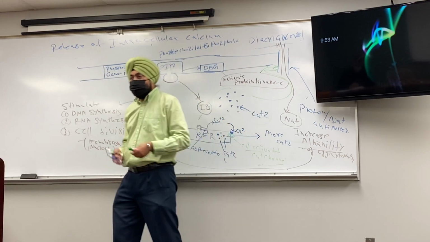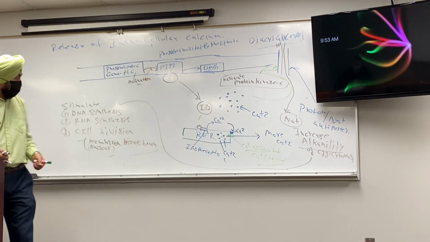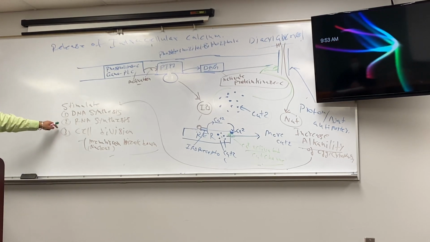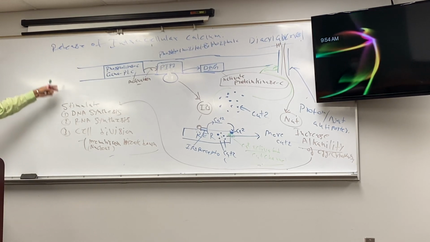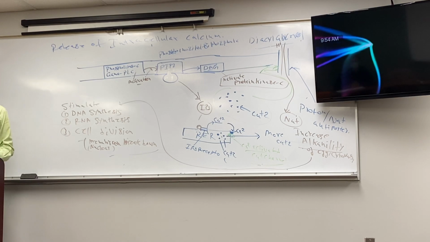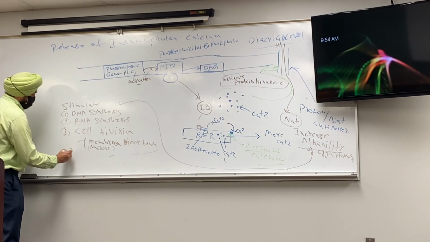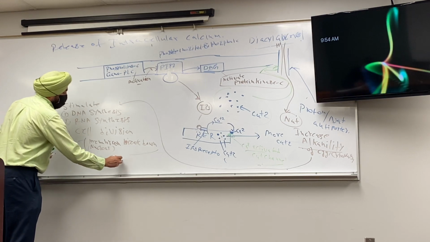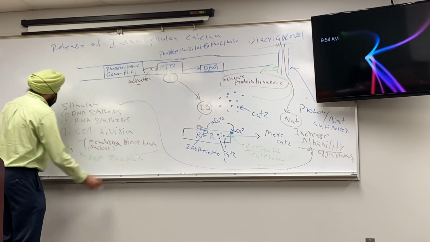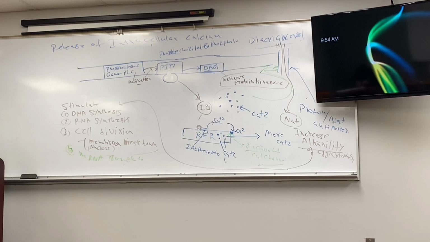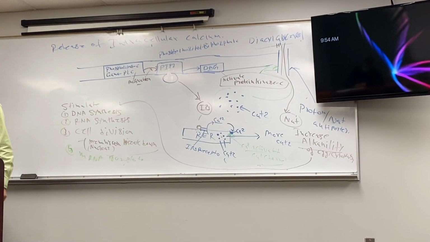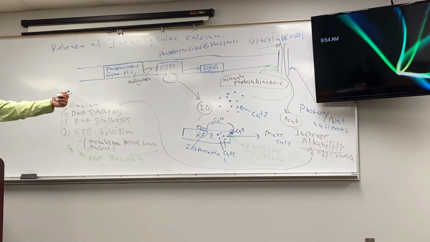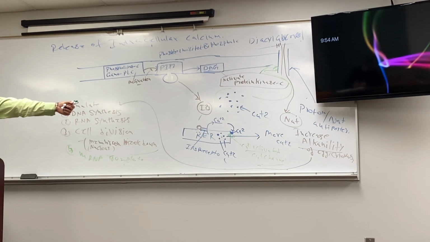So that increase in alkalinity of the cytosol immediately stimulates DNA synthesis, RNA synthesis, and not only that, actually amino acid translation also. And nuclear membrane breakdown, cell division starts. So essentially, the development starts right here.